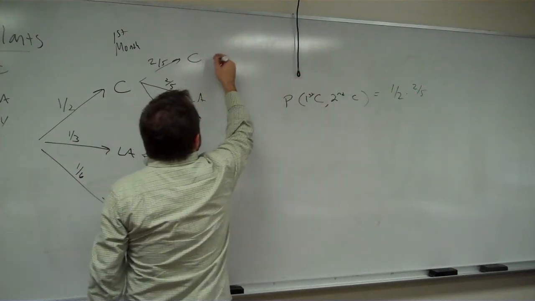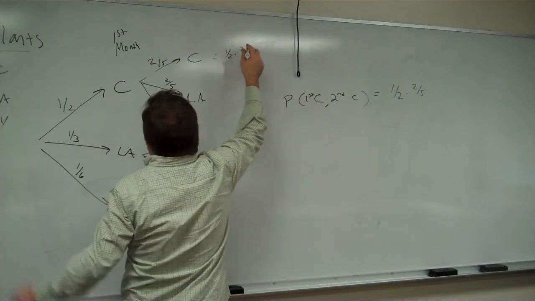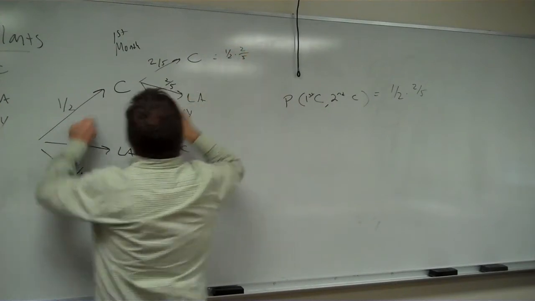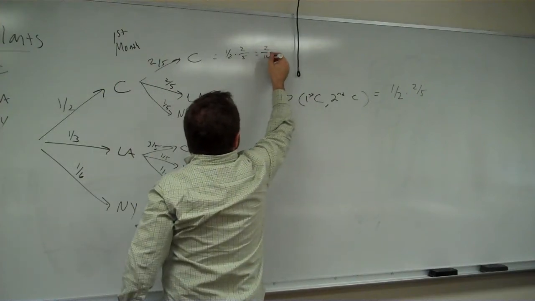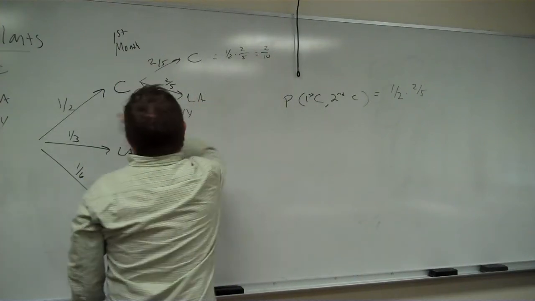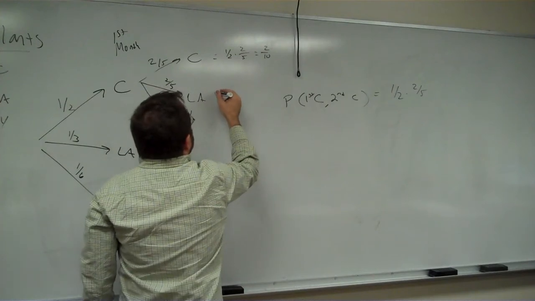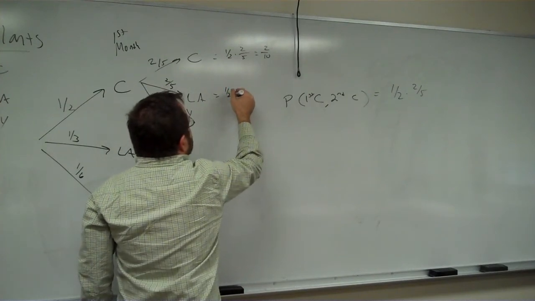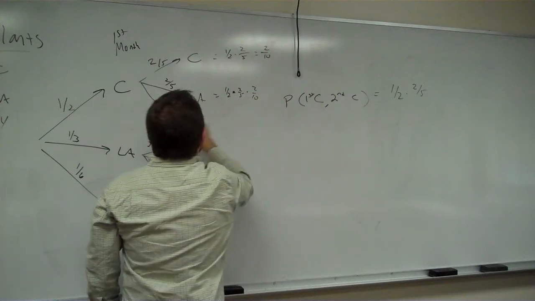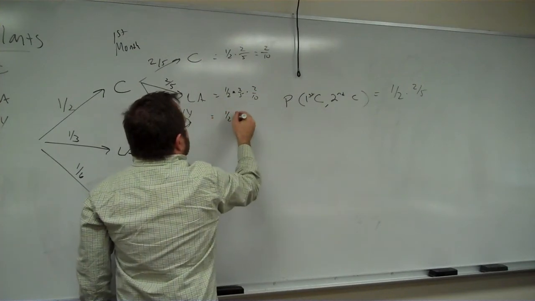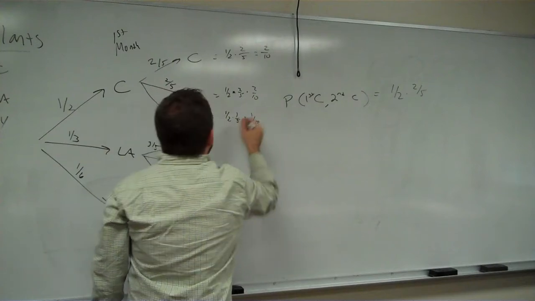The actual probability of this is 1/2 times 2/5. It's each of the paths we go down. 1/2 times 2/5, which is going to be 2/10. 1/2 times 1/5 is 1/10.